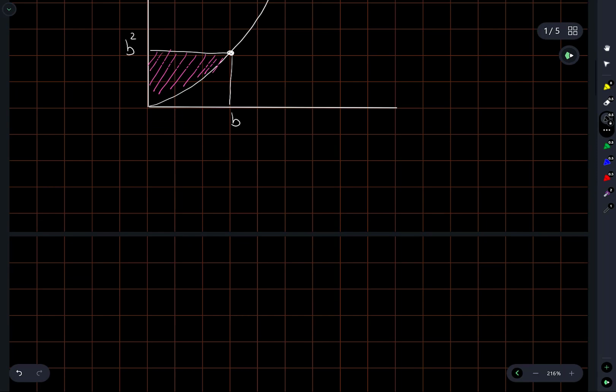So the way I'm going to write this is, area 2 as a function of b is just the area of the rectangle, which is b cubed, minus A1, which is a function of b. But we've computed A1 already. It was equal to b cubed over 3. So A2 is equal to 2b cubed over 3.